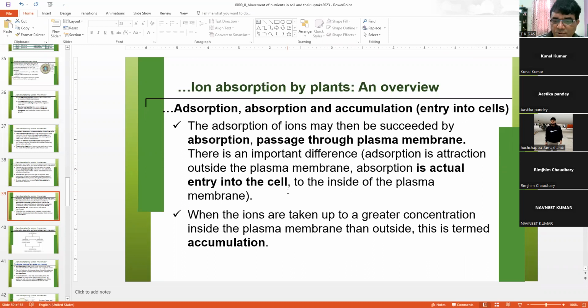When ions are taken up to a greater concentration inside the plasma membrane than outside, this is termed accumulation. Means you get higher concentration inside the plasma membrane than outside. Then you can say some extra ions have entered the cell, and that is your accumulation. So now your ions have come inside the cell.